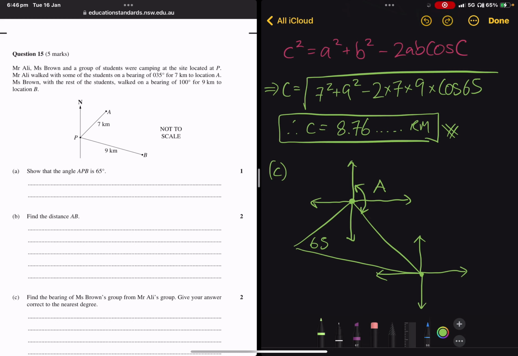When we look at a question like this, the bearing is really broken up into 2 parts. There is a section here, which is 90 degrees, and then another section down here, which we might call alpha. It doesn't really matter what we call it. So the bearing we are after is 90 plus alpha. The alpha value might be a little challenging to find in this case.